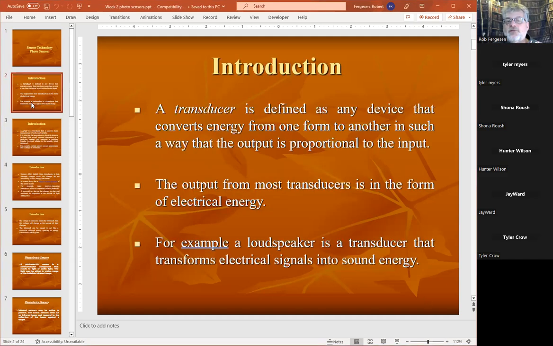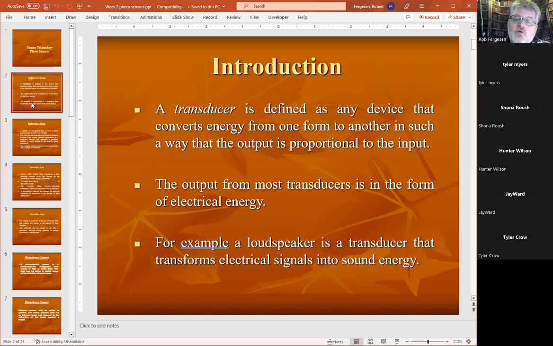So to begin with, let's just remind everybody of some basic terminology. One of the first terms we learned in the sensors class is the term transducer. It is a device that converts one energy to another energy, usually into something I can use in my system, my PLC or my computer of some sort, that's proportional to the input.